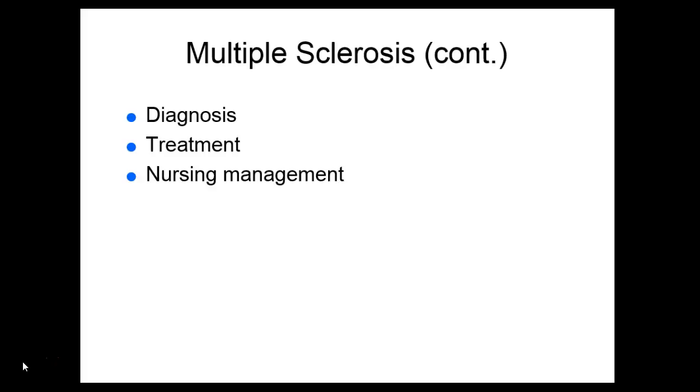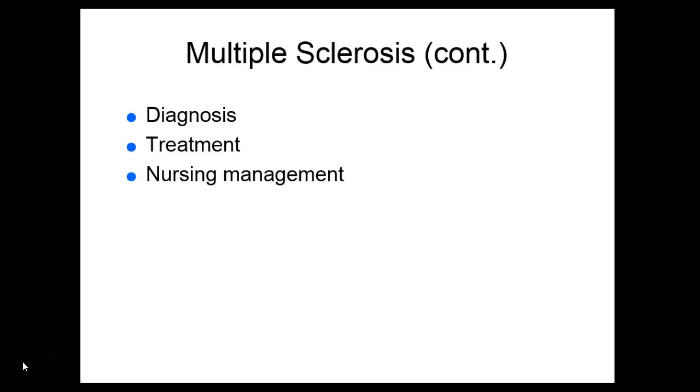As far as treatment goes, there has been a tremendous amount of success with treatment from biologic response modifier drugs such as interferon beta 1b, which has been effective for many ambulatory patients with relapsing remitting MS, and this is given by injection.